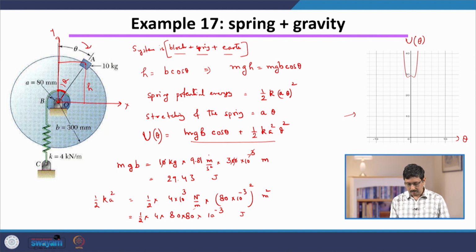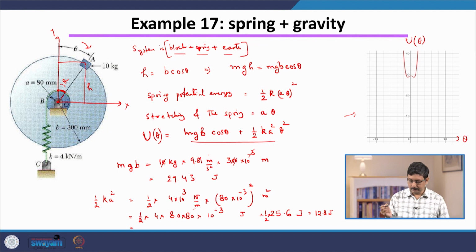If you simplify it, this is 8 into 8 into 4 by 2, which is half into 25.6, which is 12.8 joule.